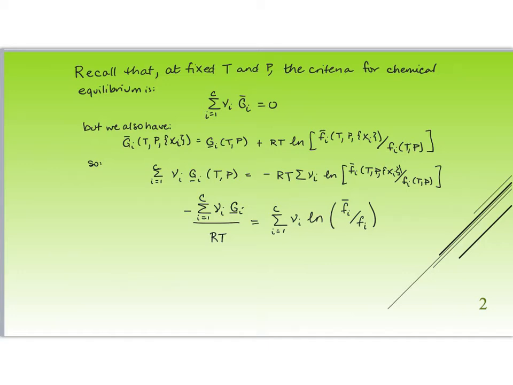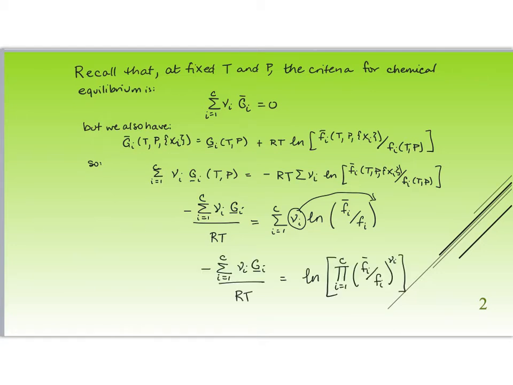And I can use laws of logarithms to take the stoichiometric coefficient and move it over to the exponent, because the log of A plus log of B equals log of A times B. That gives me the natural log of the repeated product of the fugacity ratios for the mixture over the pures, raised to the stoichiometric power, all multiplied together, then take the log.